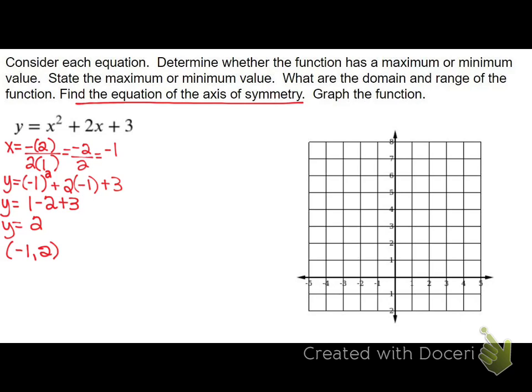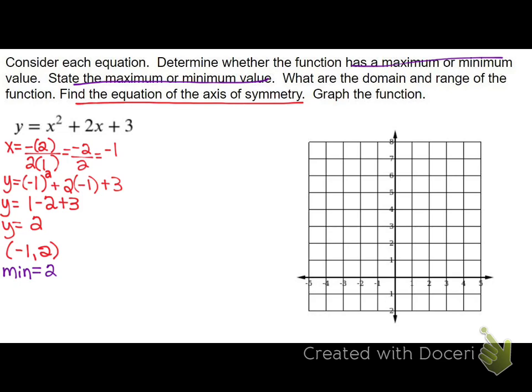I'm going to use that. Now, with that, I found out quite a bit of information about this. So looking at the function, does it have a maximum or a minimum? Minimum. Okay, and it has a minimum. What's my minimum value going to be? No, it is not an ordered pair. Your minimum value is not an ordered pair. 2. Just straight up 2. Good. Okay, so now we've found the minimum value. So now we're going to find the domain and range.